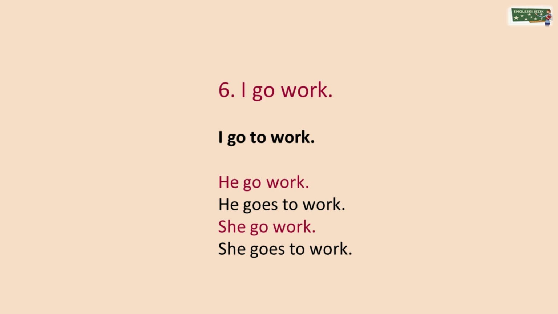No, it's he goes to work. You need to have to when there is a destination or a point you're going to. For example, she go work. No, it's she goes to work, to some place, to a point, to a destination. So don't forget to use the preposition to.